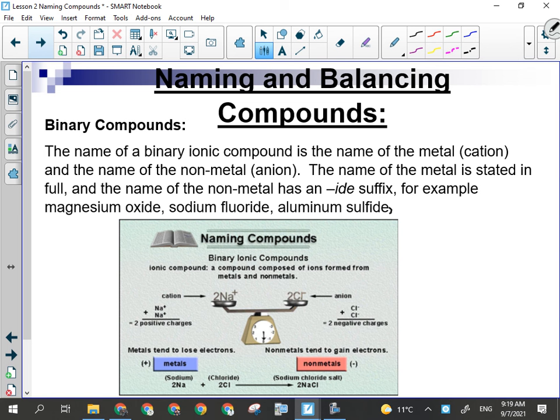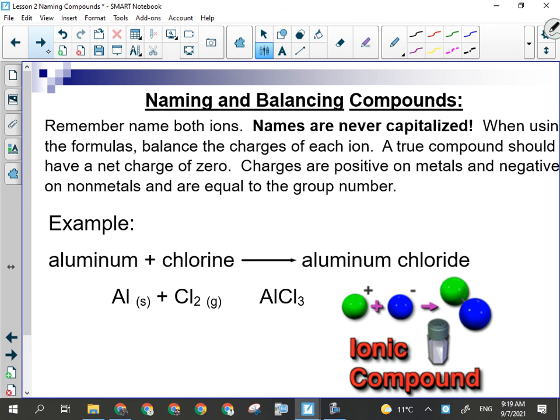All right, you have to make sure your nonmetal ends in "ide" on all ionic compounds. Don't change the name of the metal at all. We have to remember to name both ions, and this is probably something that was never mentioned to you before, but it's important. The name of an ionic compound, the name of a molecular compound, of any chemical, is not a proper name.